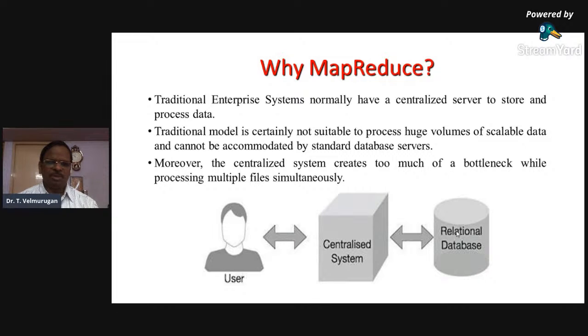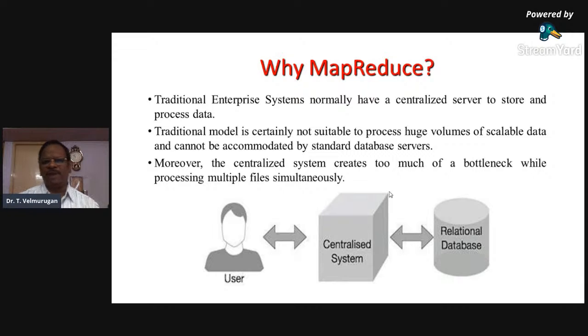Moreover, the centralized system creates too much of a bottleneck while processing multiple files simultaneously. While downloading multiple files from a single server, we have a bottleneck, with processing inefficiency.